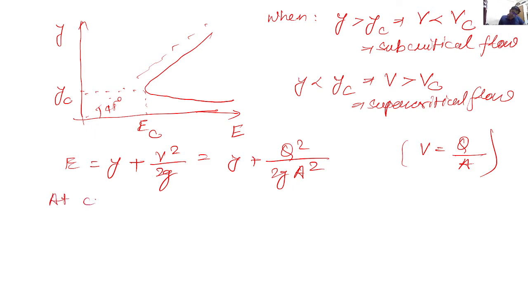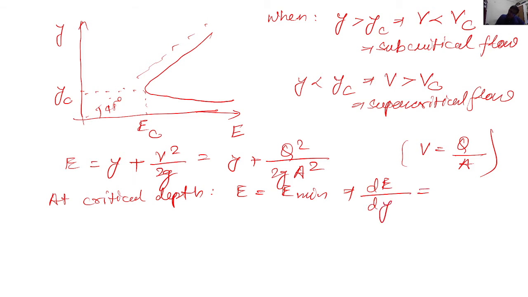Now at critical depth, specific energy is minimum. In order to derive the expressions, we need to get a minima. So the first derivative should be 0.